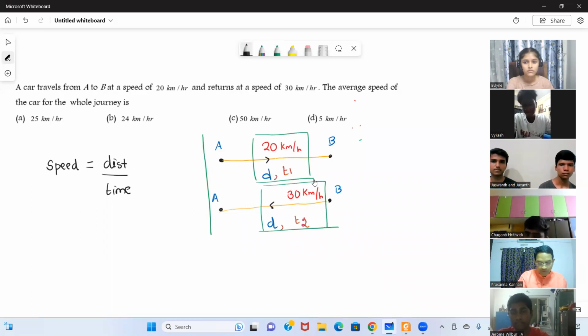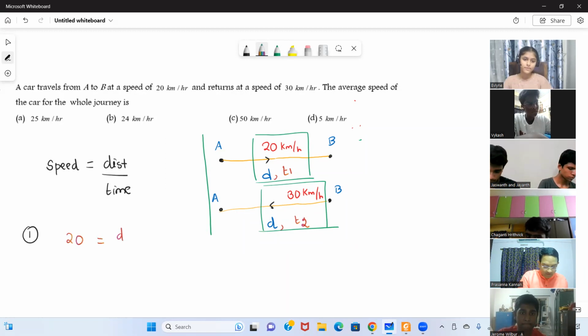All right. So what is your speed in the first case? 20 kilometers per hour. Yeah, 20 is equal to distance, D, divided by T1. So what is T1 equal to? Can I write it as D by 20?